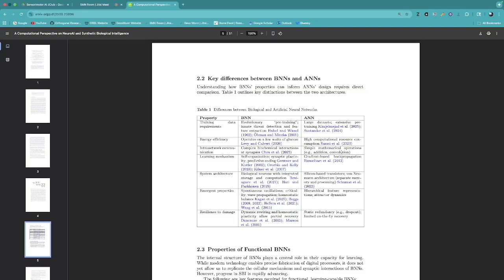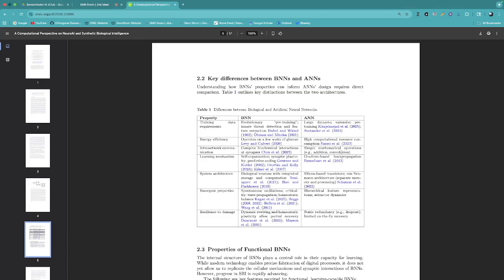And then in artificial neural networks, we have static redundancy, things like dropout, and limited on-the-fly recovery. I would also add in terms of resilience to damage that there's also redundancy in the biological neural network, and that also plays a role in recovering information.